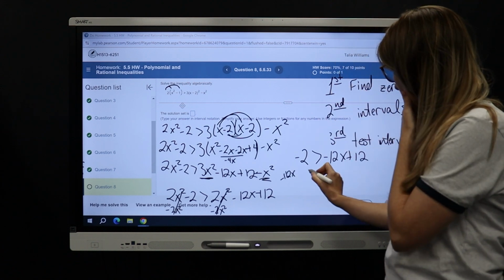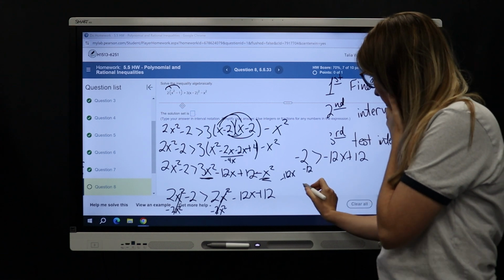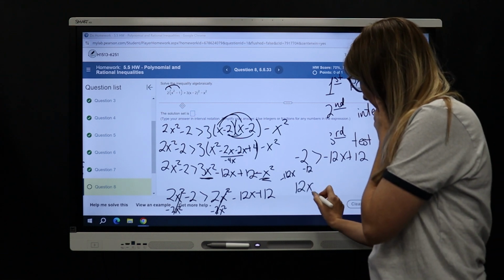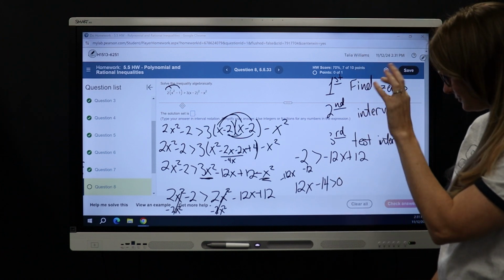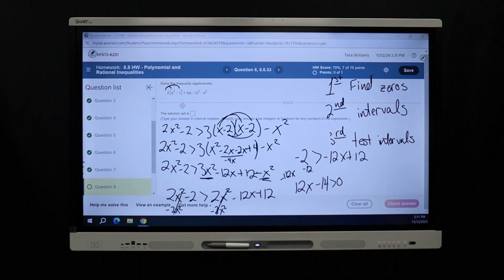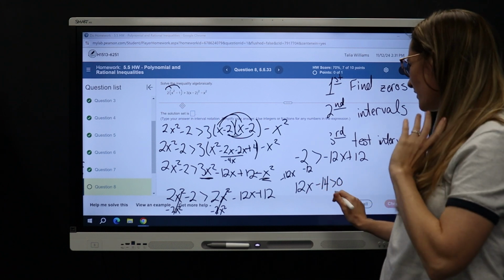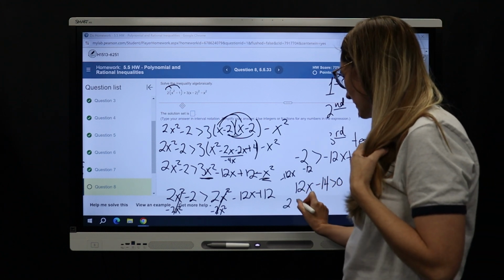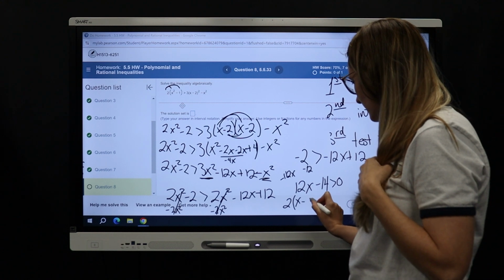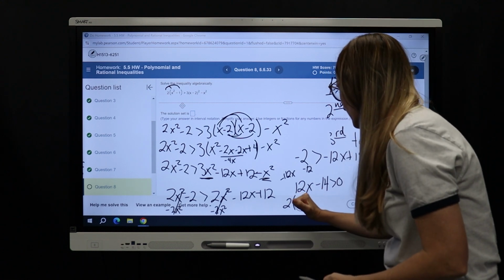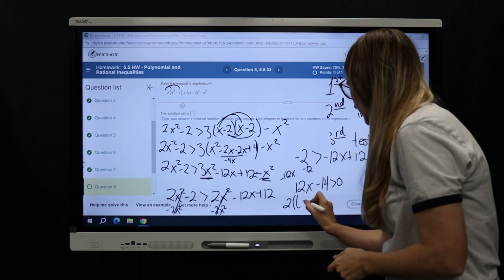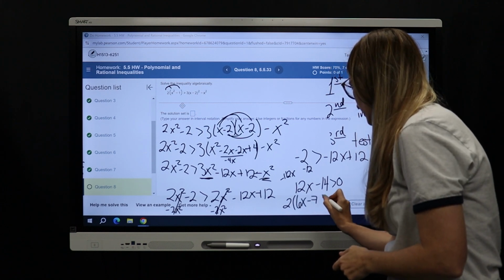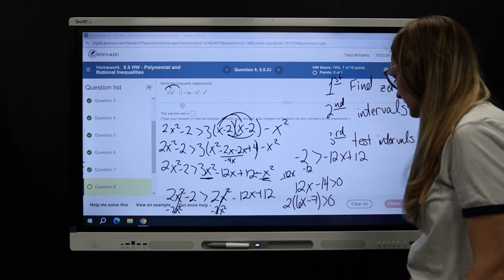It's just going to move to the other side, and then I'm going to subtract my 12. So I'm going to have 12x subtract 14. It's greater than 0. But I can do one more thing because 2 goes into 12 and 14. So I'm going to factor 2 out and get 2 times 6x subtract 7. It's greater than 0.